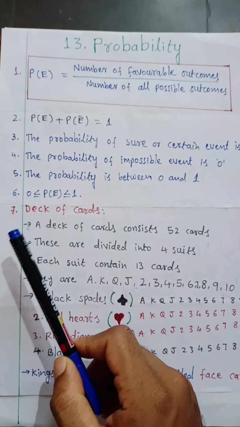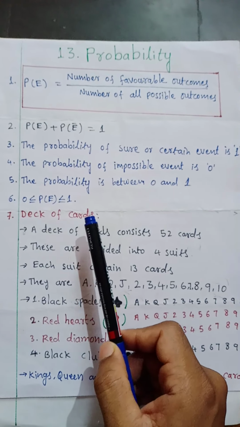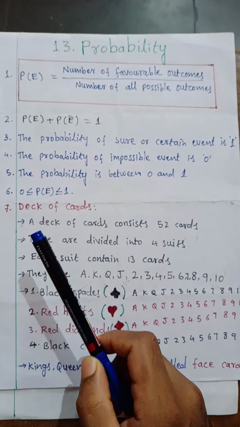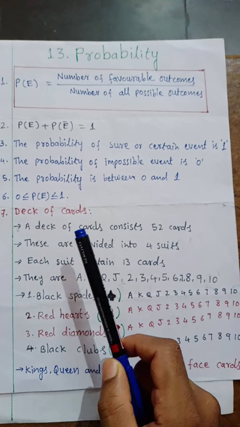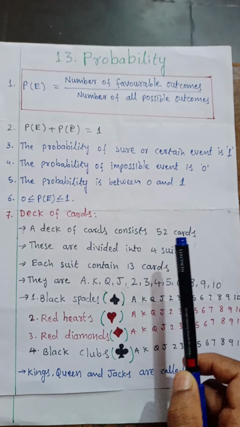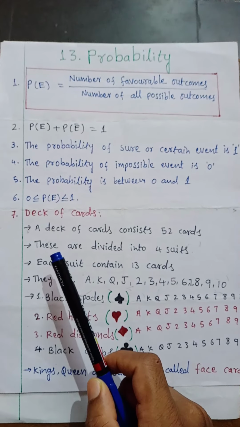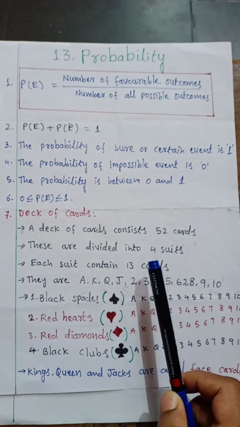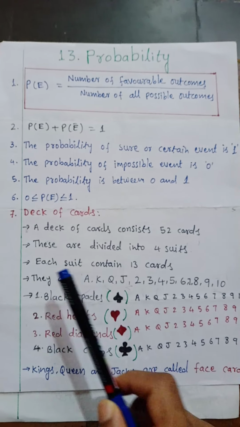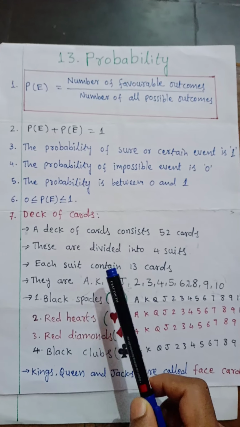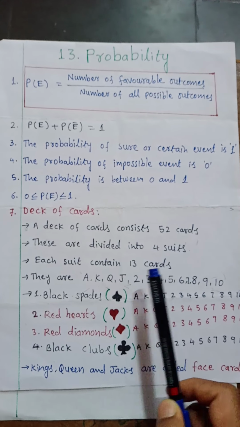Next, seventh one, deck of cards. See, cards we know. A deck of cards consists of 52 cards. These are divided into 4 suits. Each suit contains 13 cards.